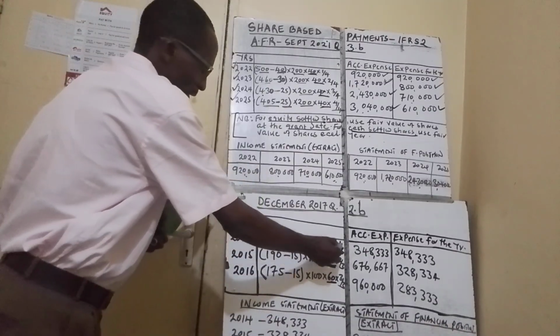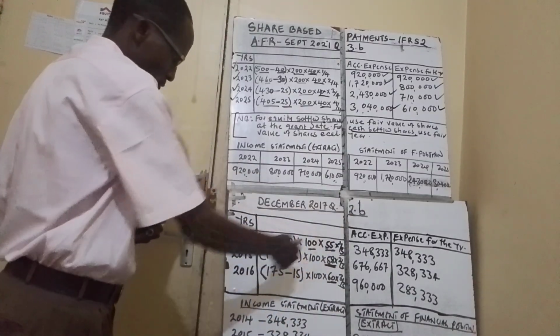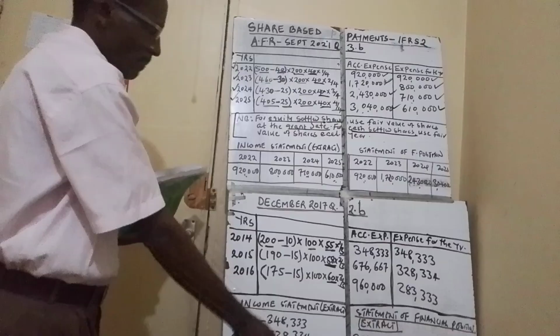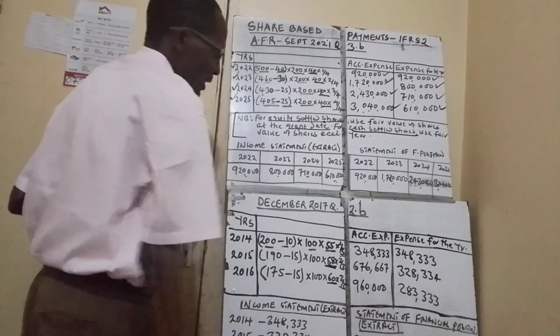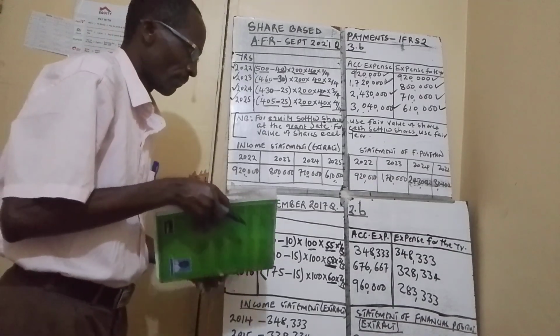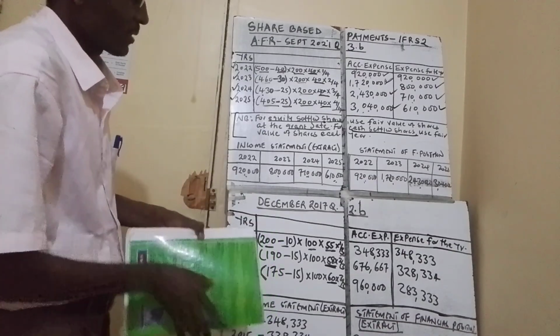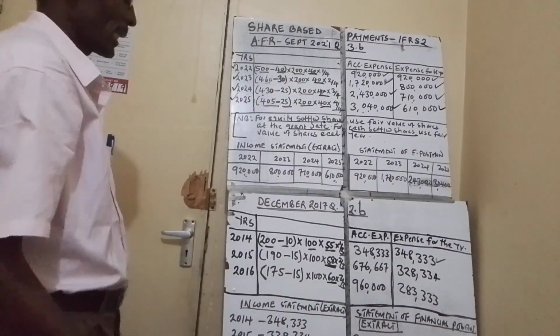So you multiply by 55 and then by 1 over 3, since there are 3 years and this is the first year. The accrued expense will be 348,303. It is the same as the expense for that particular year.